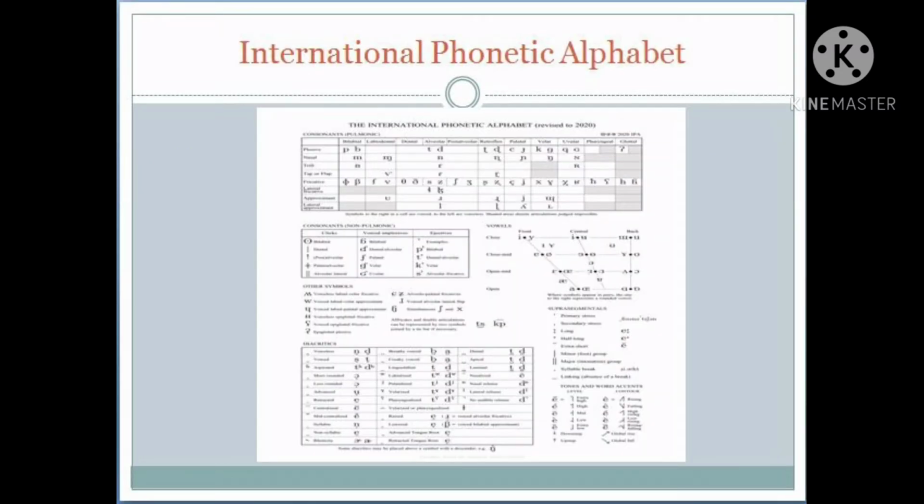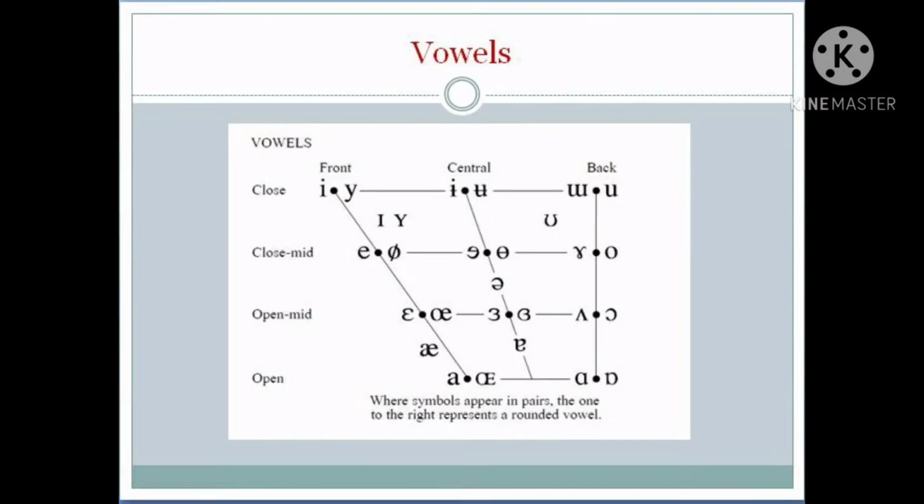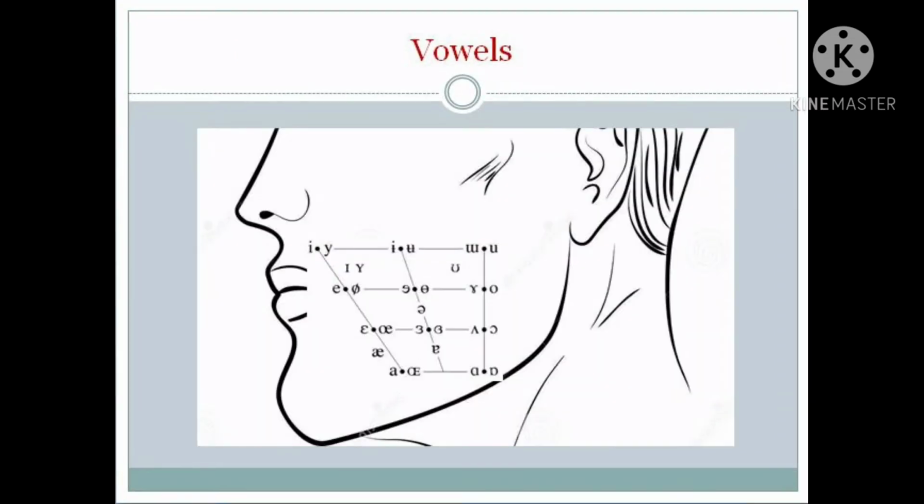On the IPA chart, one can see the vowels listed on the right hand side along the lines of this quadrilateral diagram. The placement of vowels on different points of the quadrilateral roughly represents the different points of the oral cavity or the mouth chamber wherefrom the vowels are produced.